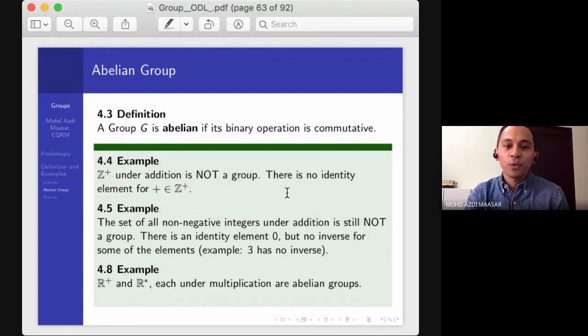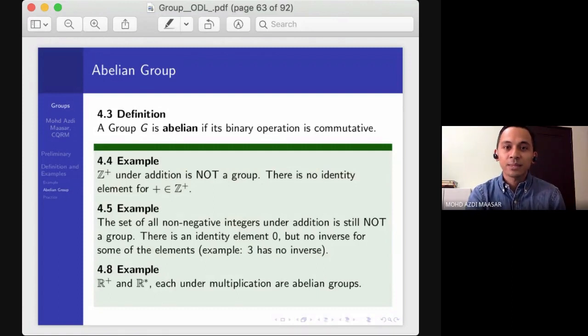Just for a point of note, although we have 3 axioms in the definition 4.1, students must also check that the definition starts with the term closed under a binary operation. Thus, it is very good practice that before checking for the 3 axioms, students should first check whether the binary operation is closed. Here we can see that for both, multiplication is closed.